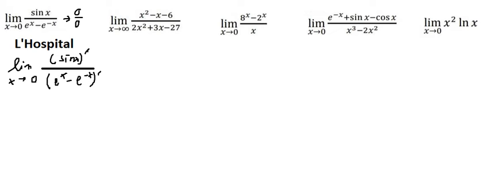The first derivative of sin x gives cosine x.